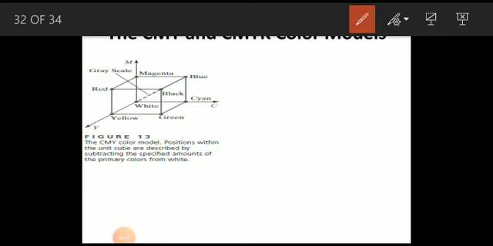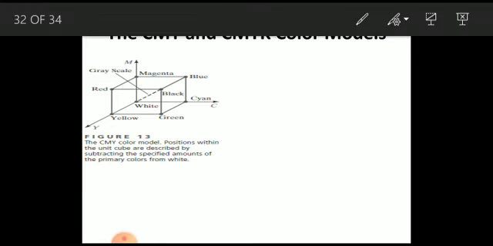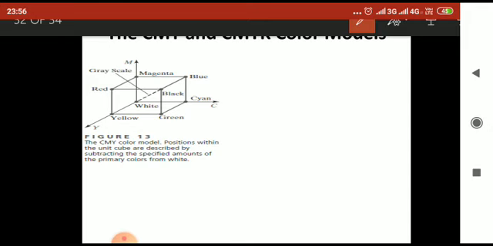Now, coming back to the CMY color model, it is the exact opposite of the RGB color model. That's the difference. The RGB color model was an additive color model.